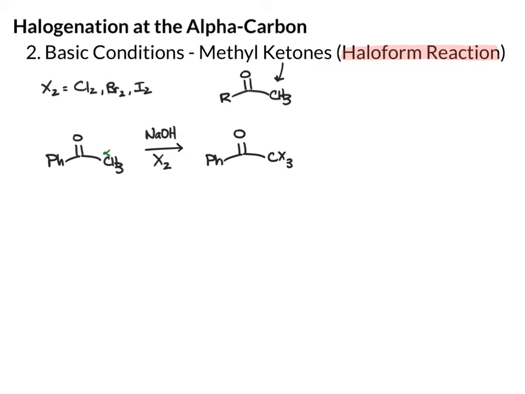Now we have a molecule that has no alpha hydrogen, so we're kind of stuck as far as putting anything else at the alpha carbon. So then this comes back to a reaction where a nucleophile attacks a carbonyl carbon.